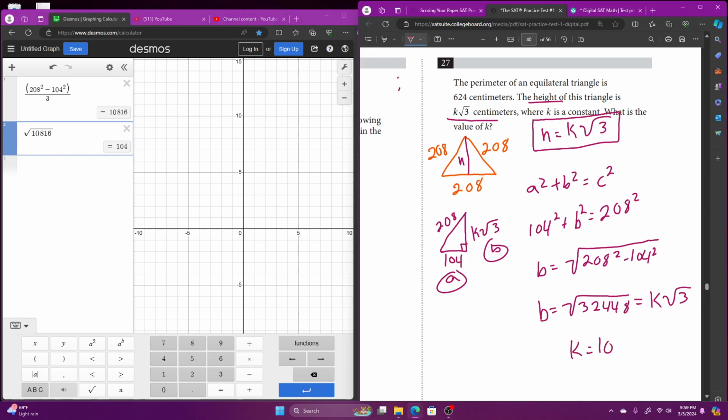K equals 104 because a 30, 60, 90 degree triangle is in the ratios of 1, square root of 3, 2. So if this was 104 and this was 208, it was always going to be 104 times the square root of 3. I went the long way, could have gone the short way.